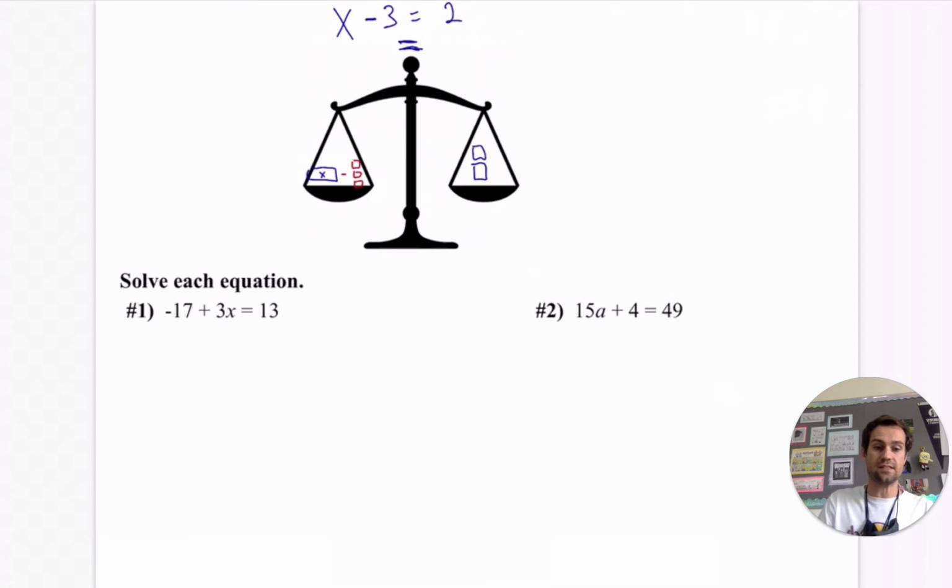So the left side is equal to the right side. Whatever we do to one side, we have to do the same thing to the other side, and that is our property of equality.